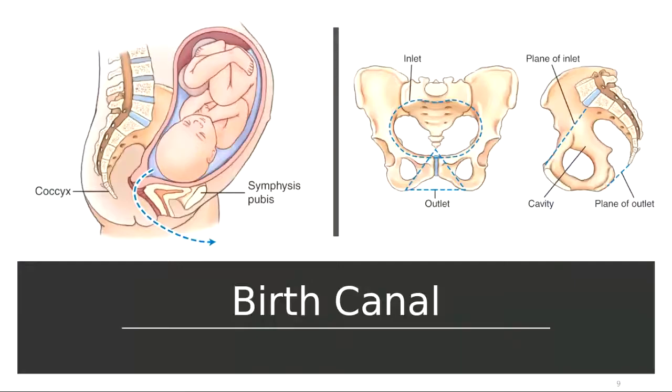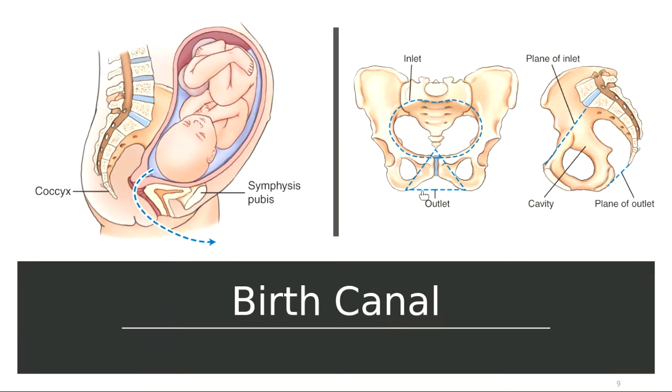If we look at the birth canal, the main thing that I wanted to point out with this is that we have a pelvic inlet, which is represented by the dotted lines here, and then we also have the pelvic outlet. You can see the baby forming in the mother's womb, and this would be the direction of the birth canal.